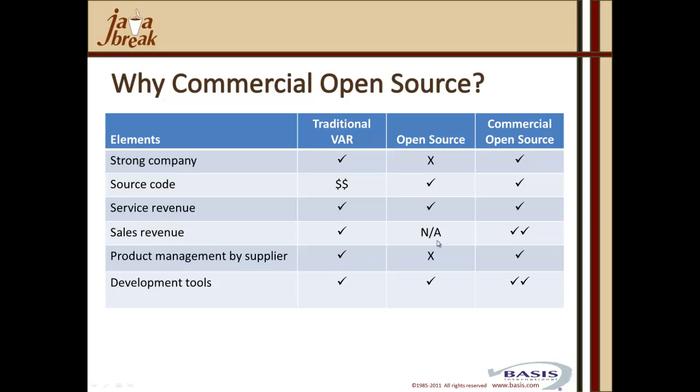Product management by supplier, certainly that's necessary in the traditional VAR way. In the open source arena, well, of course, there's no supplier, so there cannot be any product management by the supplier. Commercial open source, that is certainly the case. Basis provides that management component for the product.